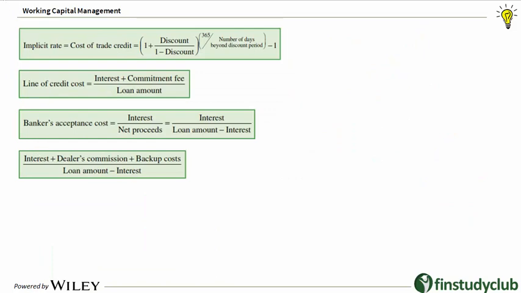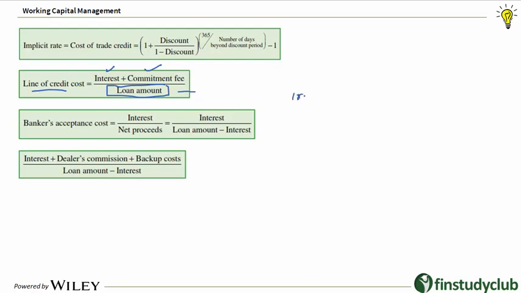Then again, there are different sources of borrowing, let's say short-term funding from banks and all of that. So you have different line of credit costs. You charge interest and commitment fees, and you have to divide it by the loan amount. What you have to remember in these formulas is what is the denominator and what is the numerator. Sometimes the denominator is going to be the full loan amount; sometimes the interest will be deducted at source.